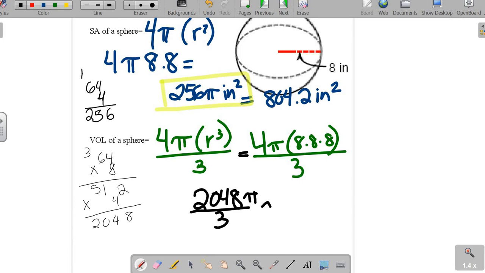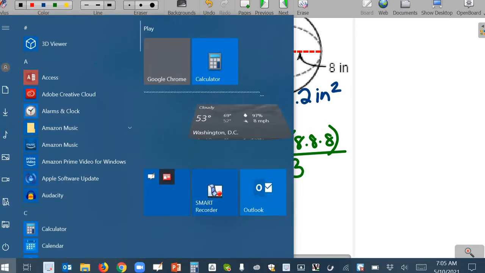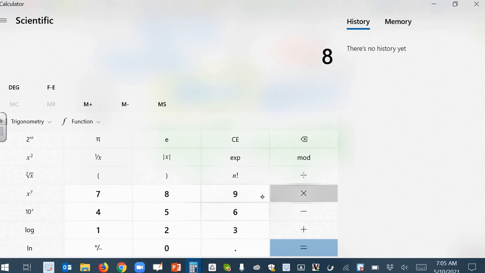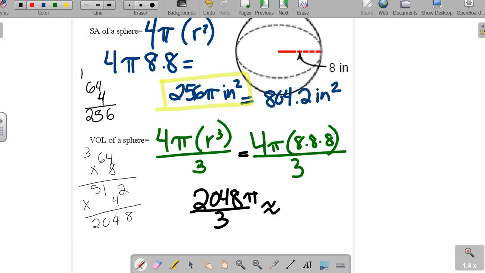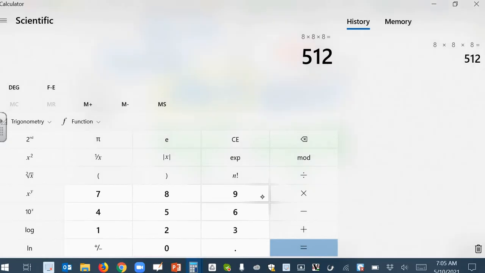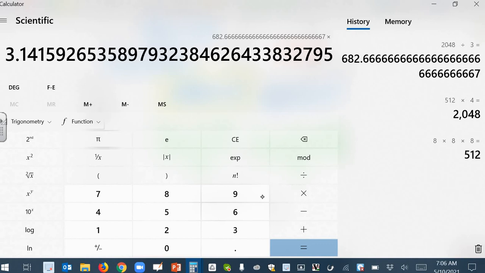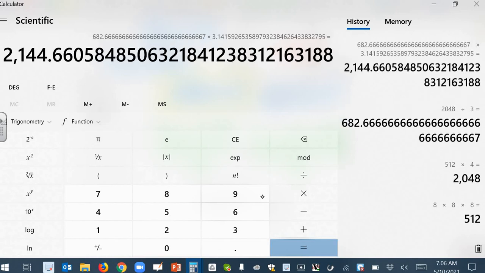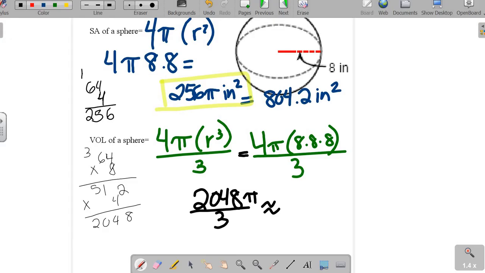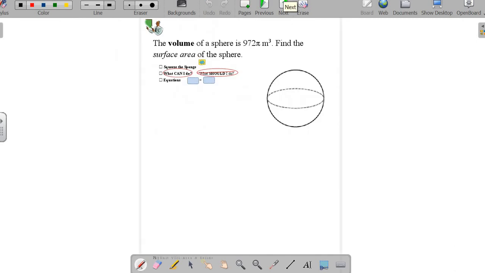So to get the approximate form, of course, 2144.7 inches cubed. Volume, surface area.